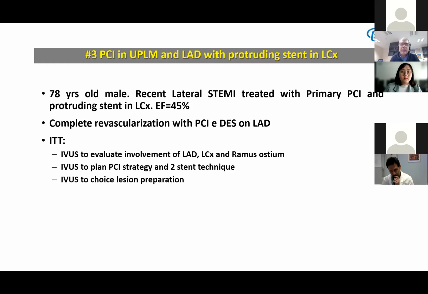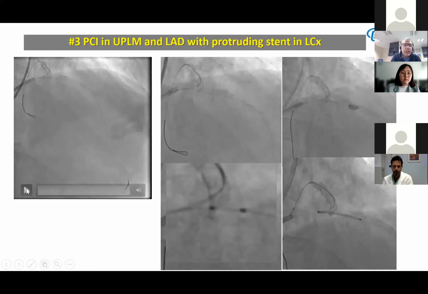But unfortunately, we need a complete revascularization with the LAD. So our strategy is to guide with the IVUS the involvement of the left main with the stent protruding, and then decide the strategy. This is the imaging.